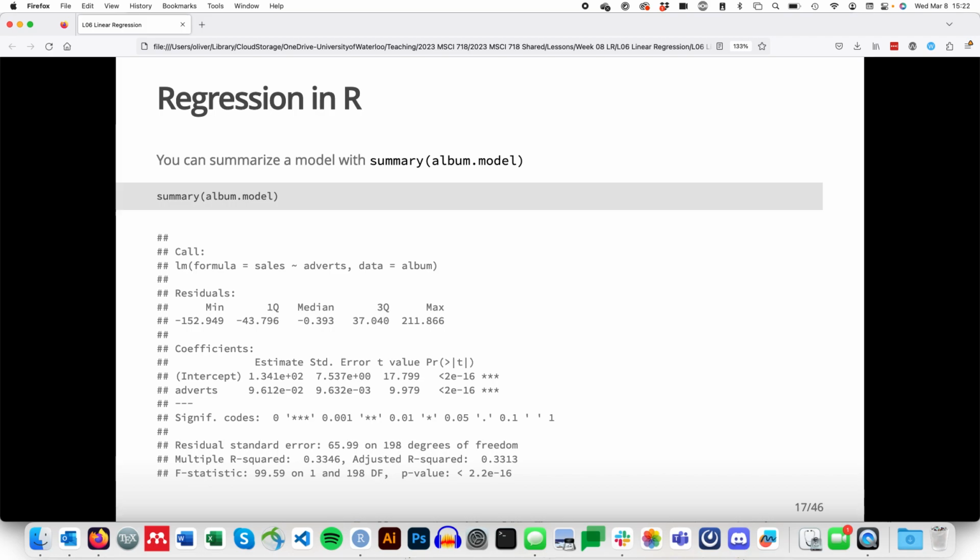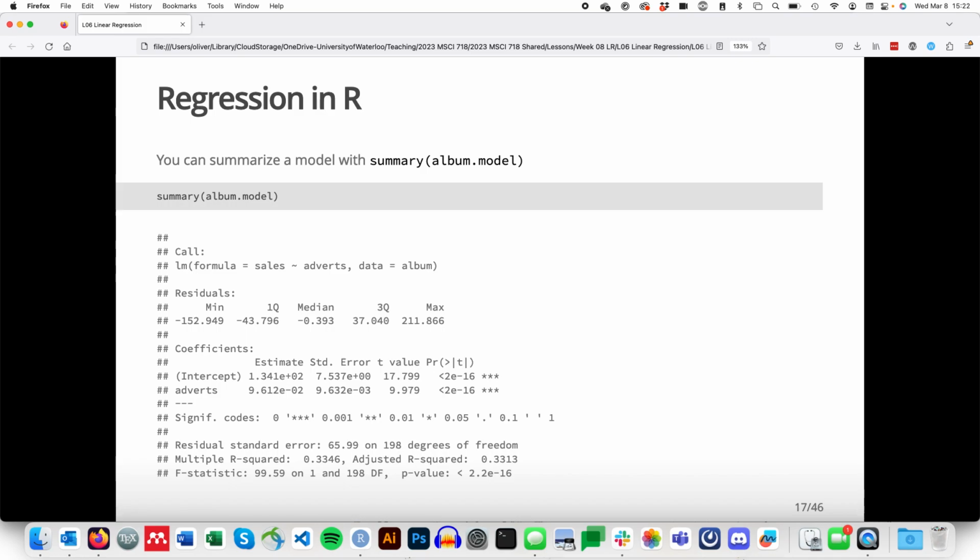Hopefully people can see this. And then we're looking at sales and then adverts. So let's forget about the intercept and just focus on the second line here. What is the null hypothesis for the second line? Let me write an equation.